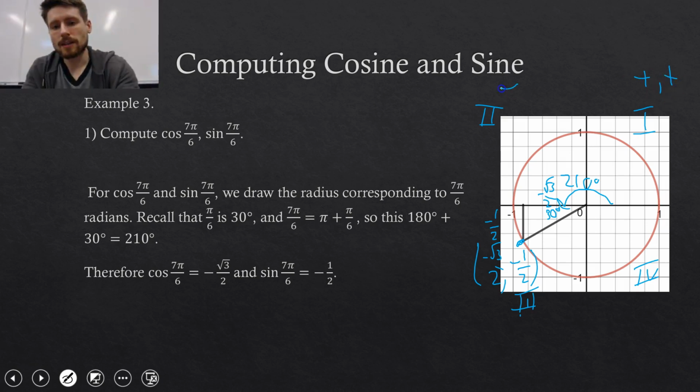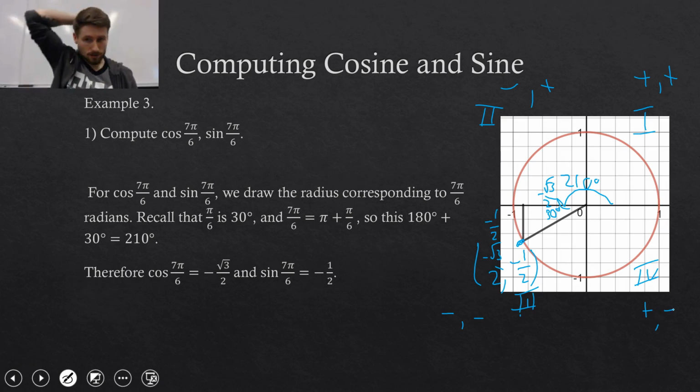Quadrant 2, the x is negative and the y is positive. Quadrant 3, both are negative. And in quadrant 4, the x is positive and the y is negative. And they're in this order because of how you travel around the unit circle. 1, 2, 3, 4. That's how you move around the unit circle, in case you didn't know that.